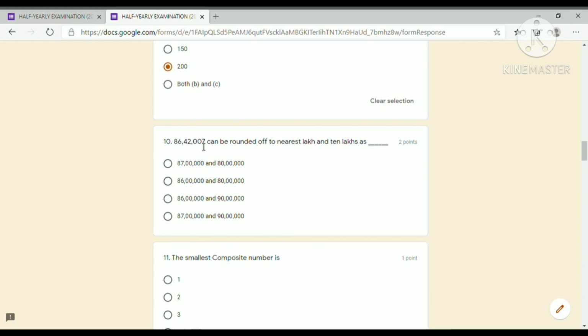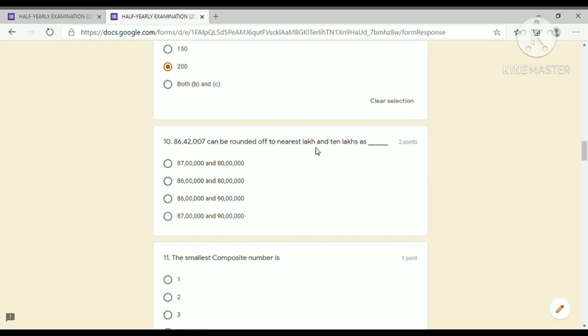Now what is the digit at the 10,000s place in 86 lakh 42,007? It is 4. Now it is less than 5. Since it is less than 5, the rest of the digits become 0, and the digit at the lakhs place remains the same. So it gets rounded off to 86 lakh.